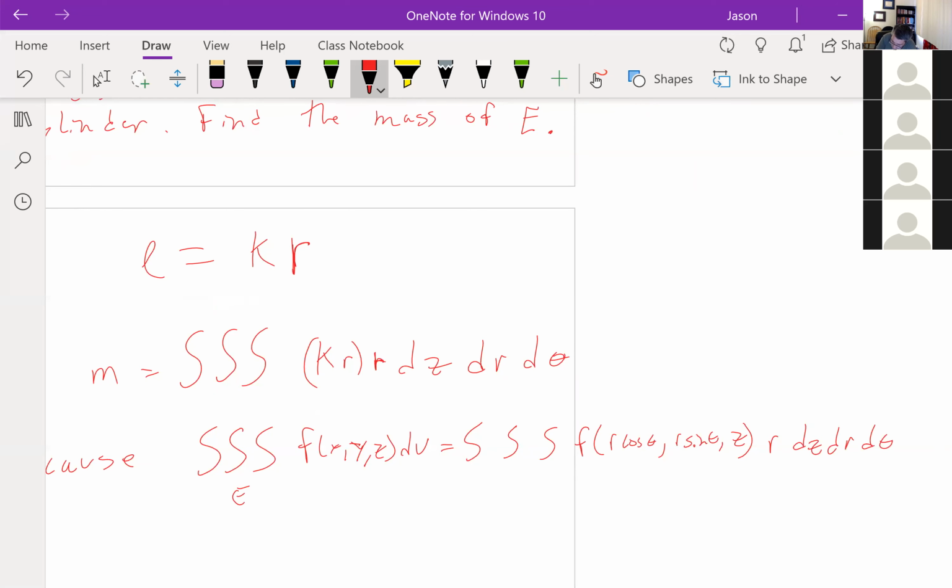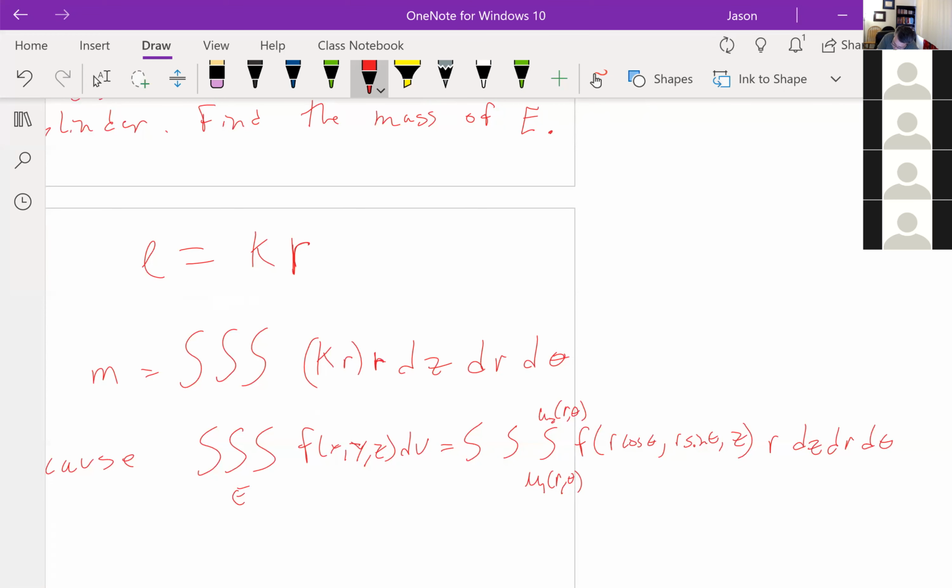And then what is this going to go from? Well, z is going to go from some u1 involving r's and thetas to u2, also in terms of r's and thetas. Then what's r going to go from?